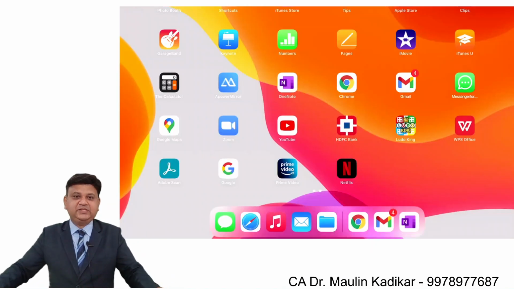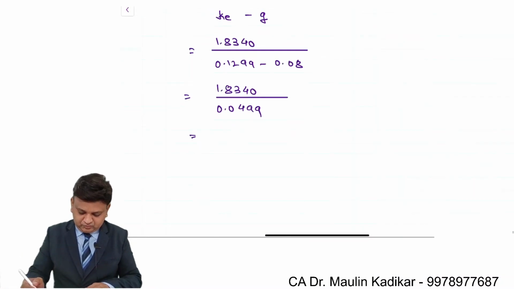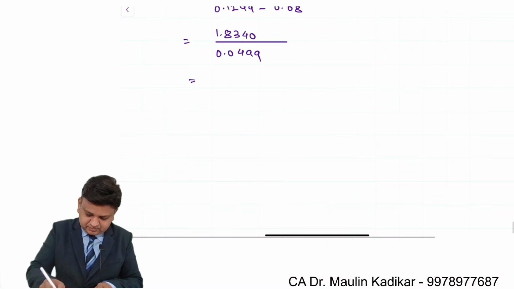That is the way revised P0 can be found. It is 36.50.